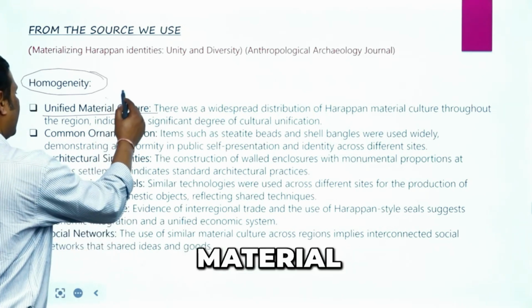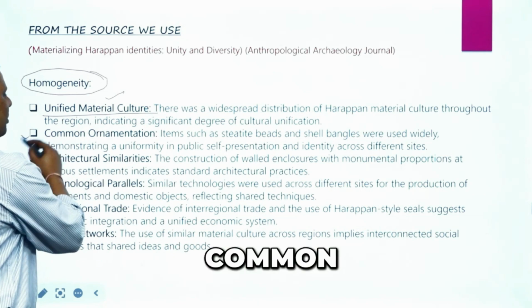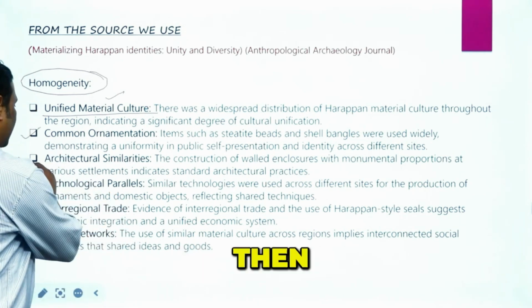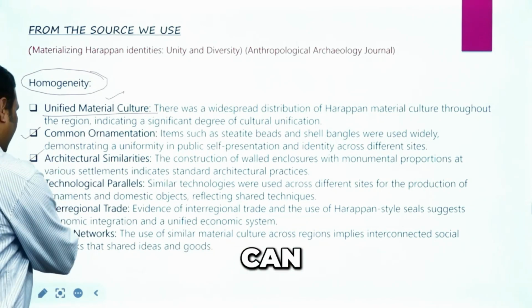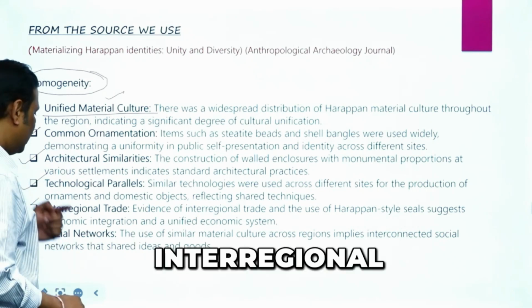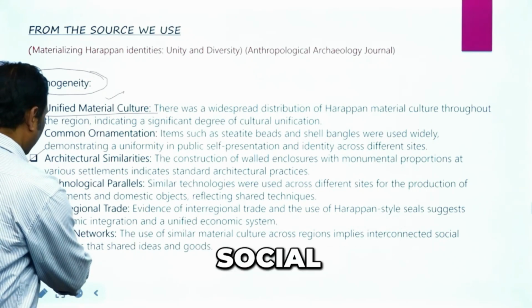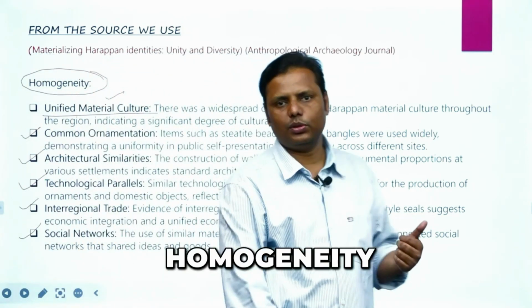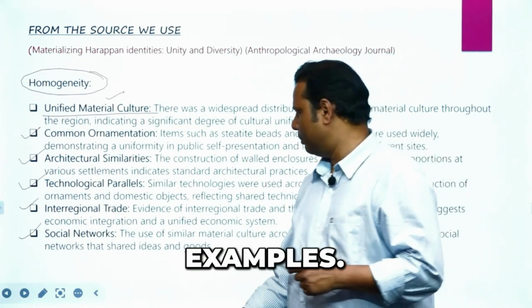The second is common ornamentation, where we find similarities. Then architectural similarities, technological parallels, inter-regional traits, and then social networks. These are a couple of points we can write under homogeneity with certain examples.